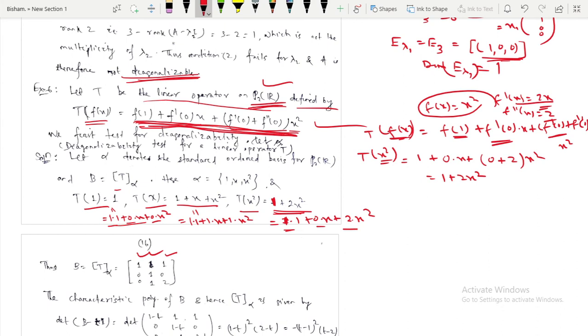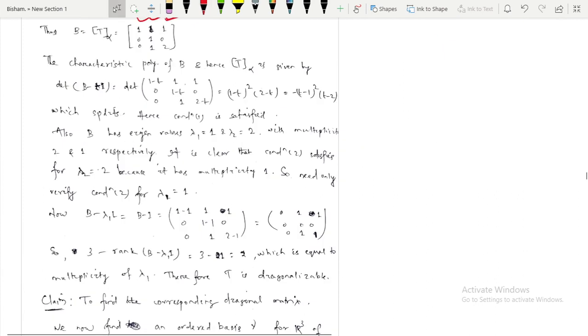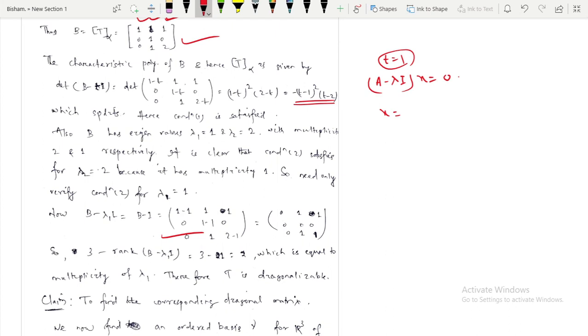After getting the corresponding matrix, I think you can easily calculate the corresponding characteristic polynomial. Then, following whatever we learned in the last class, for T you will find the eigenvectors this way: (A minus lambda I) x equal to 0.